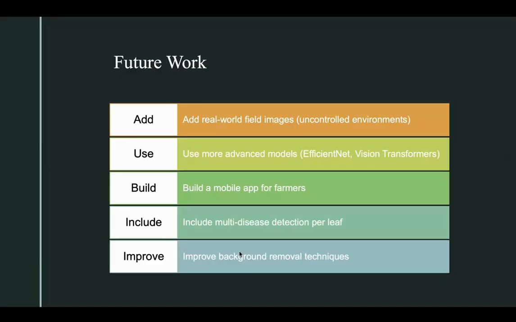Second, we want to expand the dataset to include images captured in real-world environments with varying lighting, background noise, shadows, and partial leaves. Third, we want to develop a mobile app prototype where farmers can take a picture and instantly get predictions. Finally, techniques like Grad-CAM can help visualize which part of the leaf the network is focusing on. This makes the system more explainable.